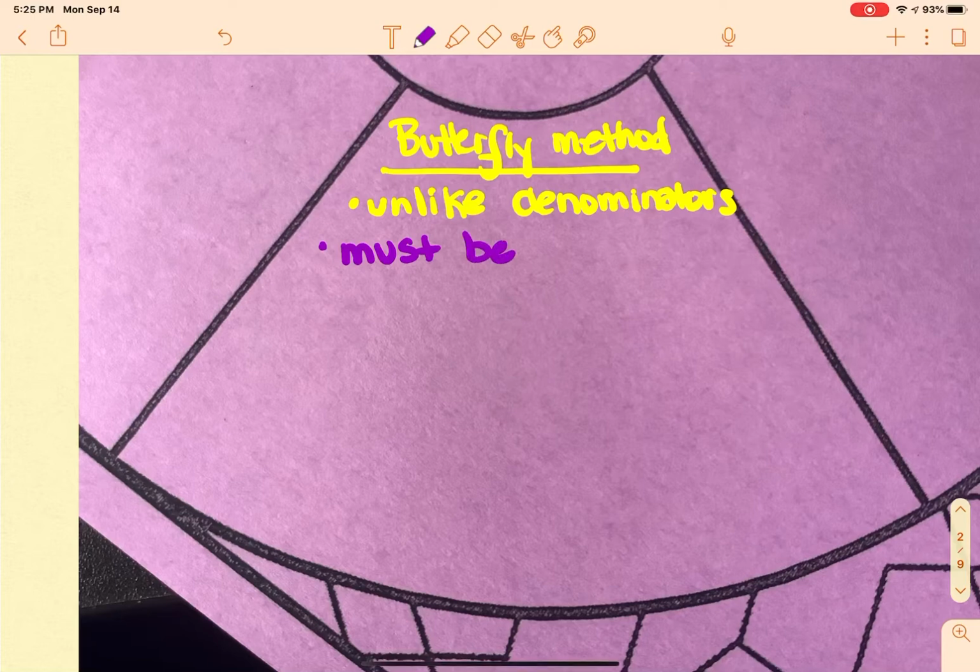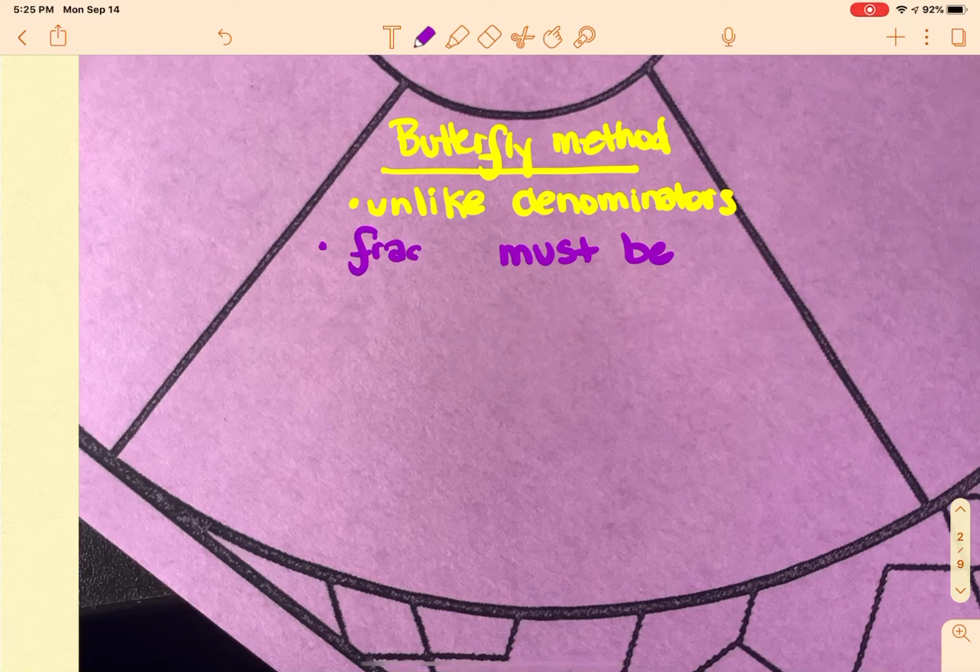The fractions must be in improper form. So the top number has to be bigger than the bottom.